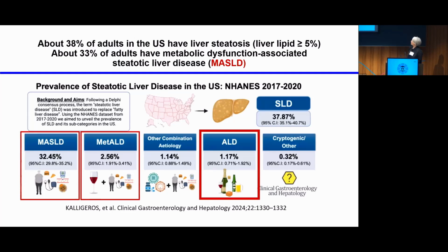In fact, about 38% of adults in the United States have excess fat in their liver, which is defined as liver lipid content over 2%.